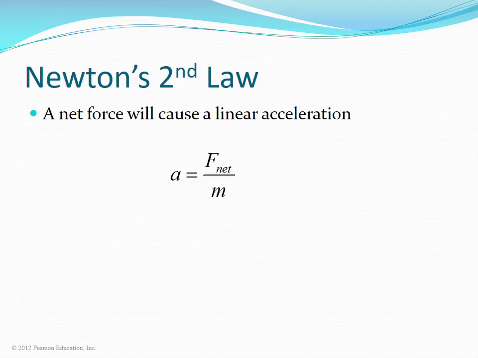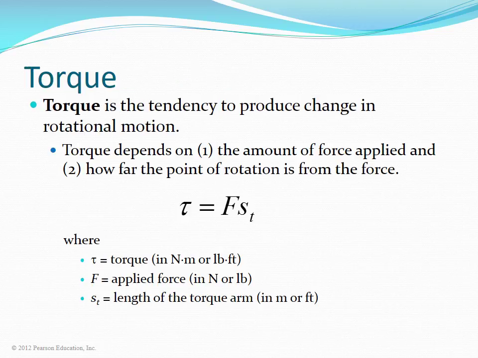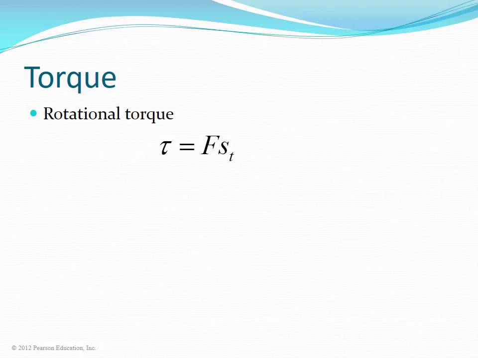According to Newton's second law, an unbalanced or net force will cause a mass to accelerate. We also learned that a torque is the tendency to produce change in rotational motion. Torque depends upon the amount of force applied and how far the point of rotation is from the force. Torque is the force applied at the distance from the axis of rotation.